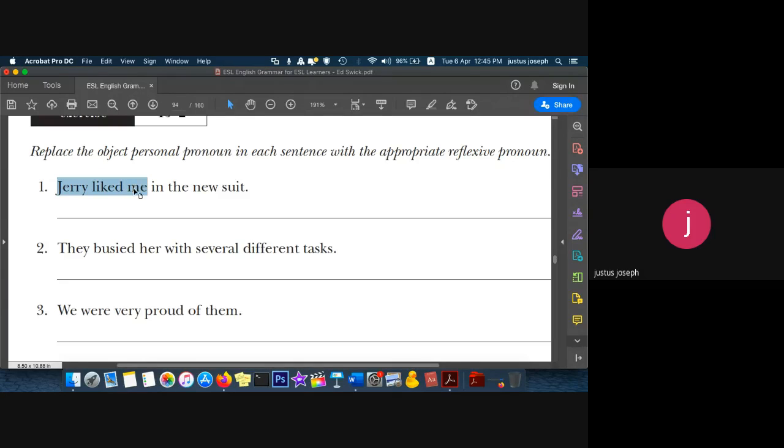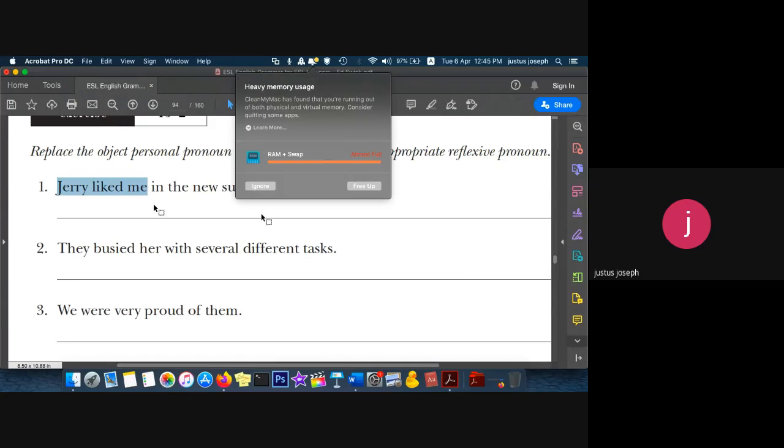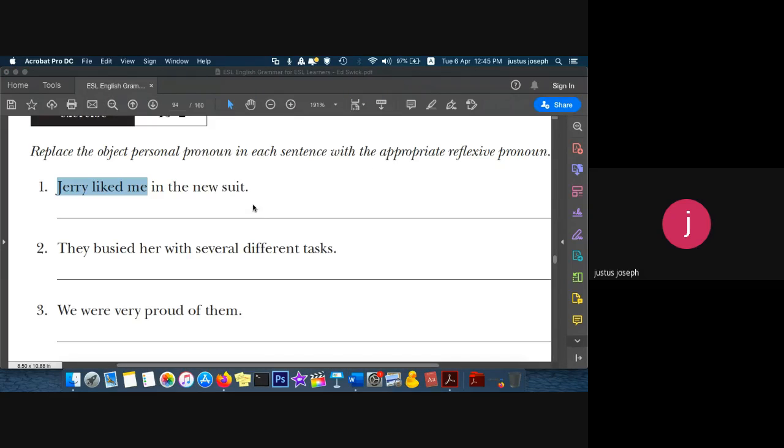Jerry liked me in the new suit. It could be myself, it could be himself, but in both cases the meaning of the sentence is changing.